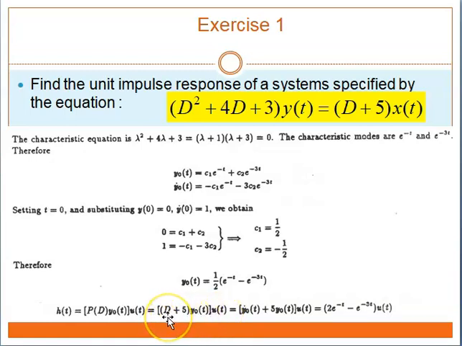So what is D? D is actually the differentiation of y0(t). So differentiate your y0(t), plus 5 y0(t) times u(t). So that's why you have this equation here. And finally, when you solve all this, you're going to have the final equation, which is equal to (2 exponent minus t minus exponent minus 3t) times u(t).